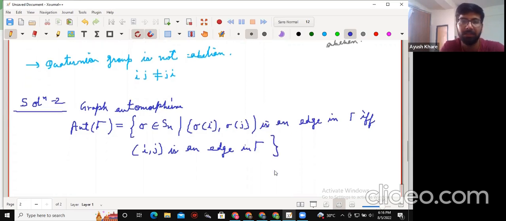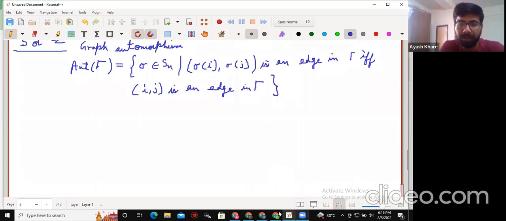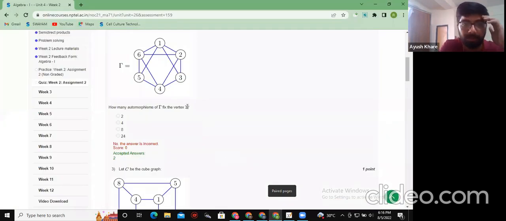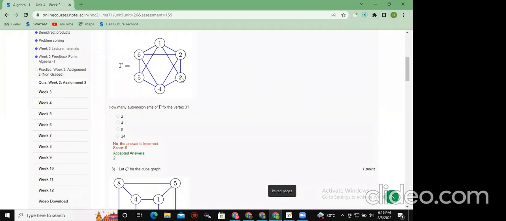Now we'll go back to the graph again. Here is the graph. So it says all automorphisms of this graph which fix the vertex 3. If 3 is being fixed, then say where this 4 can be mapped to. 3, 4 is an edge in this graph.